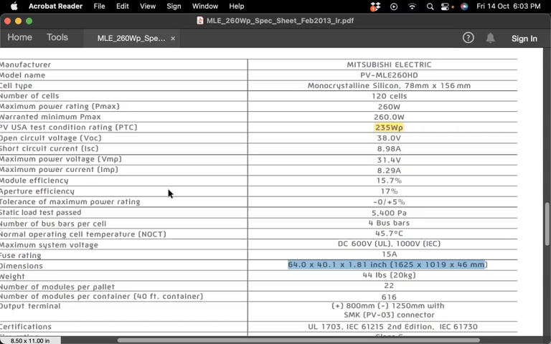The 2 most important environmental conditions are the irradiance level and the temperature. The irradiance level is simply the amount of power density reaching the Earth at a certain location and a certain time coming from the sun. And of course, temperature.